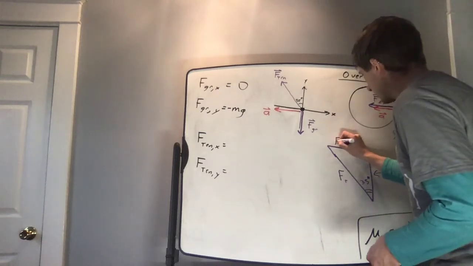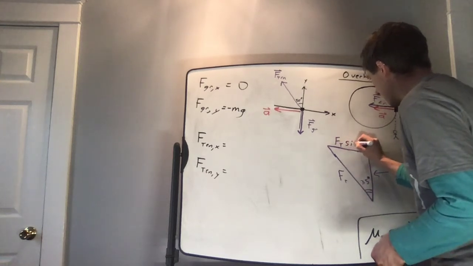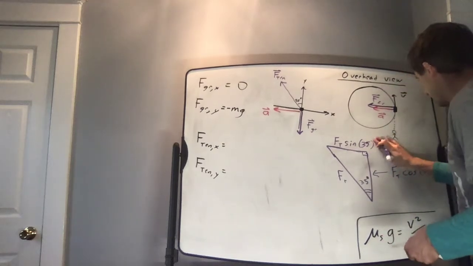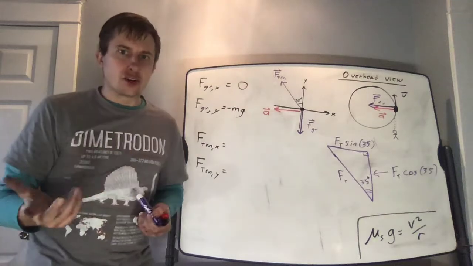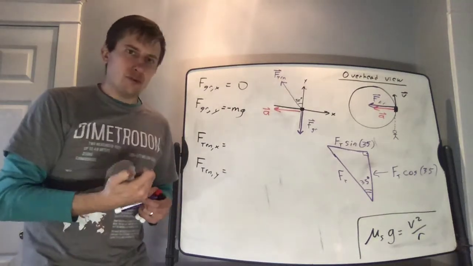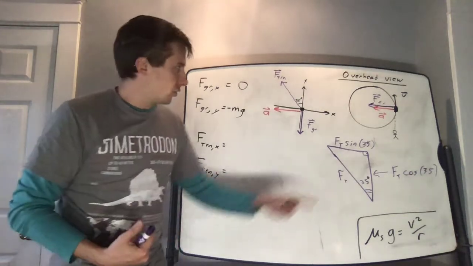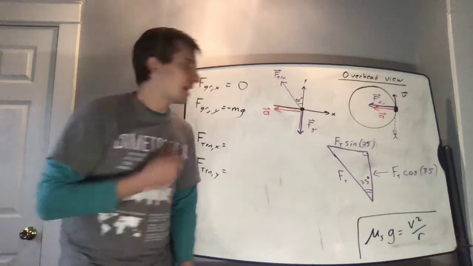So I could say this side length has a magnitude of Ft sine 35. Now again, when you apply sine and cosine, you begin with the definition of sine and cosine. The opposite side will get the sine, the adjacent side will get the cosine.